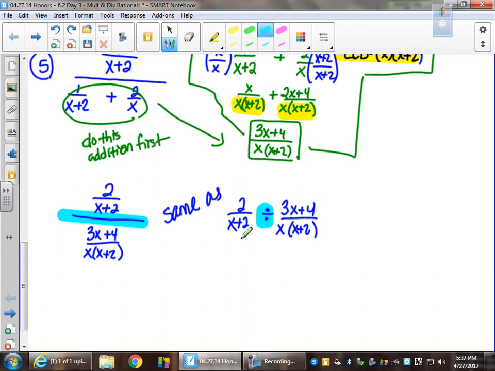So if I showed you this, we're going to do exactly what we just did in number 4. Keep the first fraction, change division to multiplication, and multiply by the reciprocal of the second fraction, or keep, change, flip.